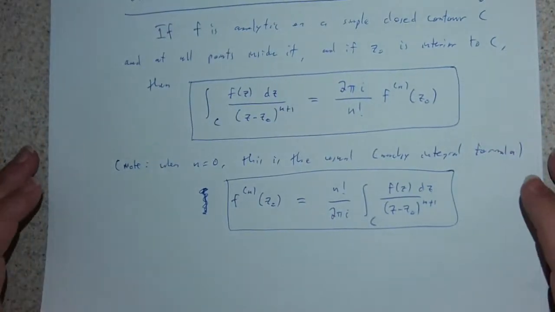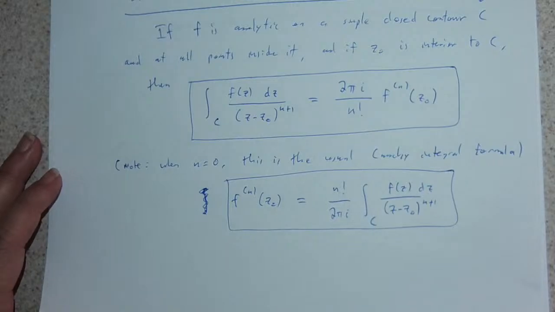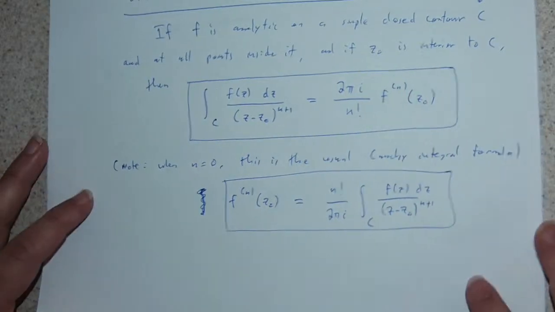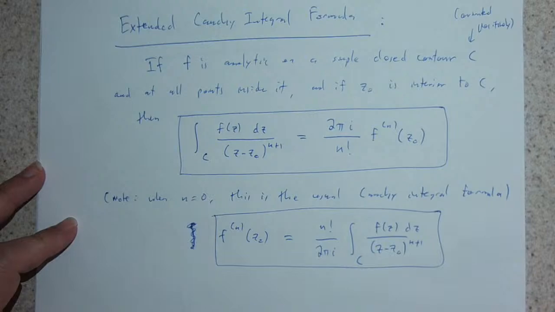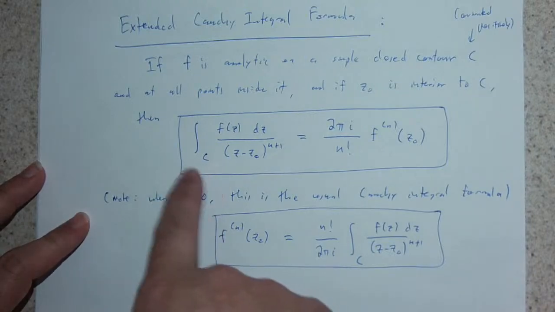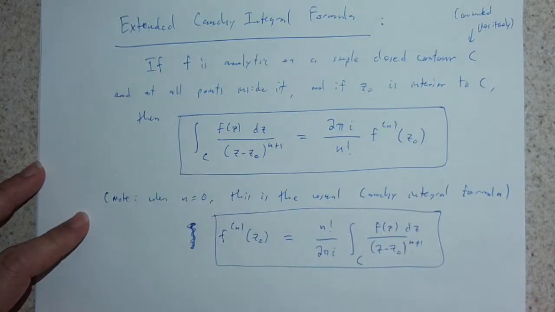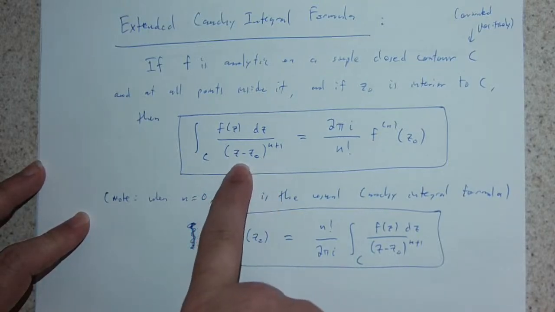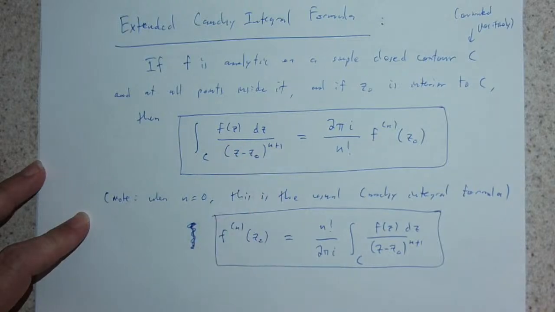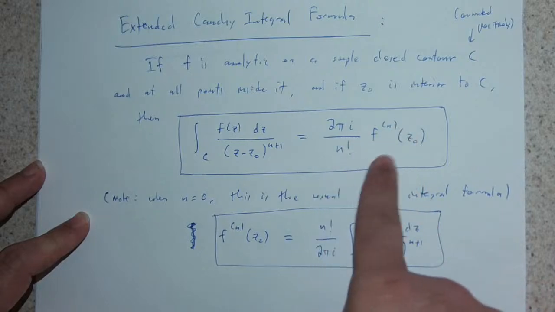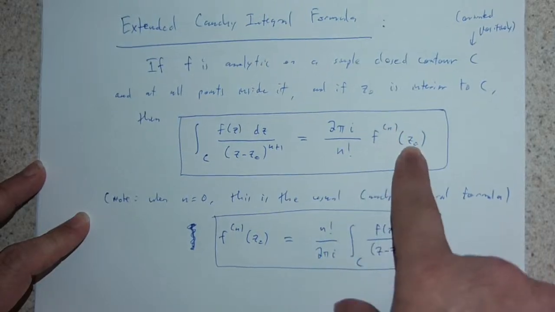This extended Cauchy integral formula says that if f is analytic on a simple closed contour C and at all points inside it, and if z naught is an interior point of this contour, then the contour integral of f over z minus z naught to the n plus first power is 2 pi i over n factorial times the nth derivative of f evaluated at that point.